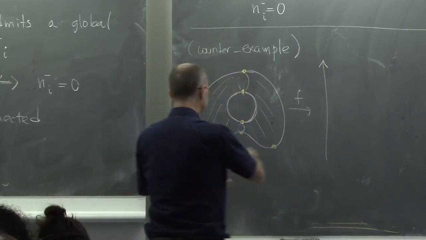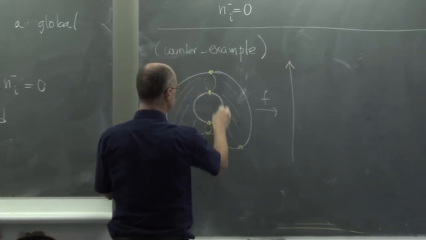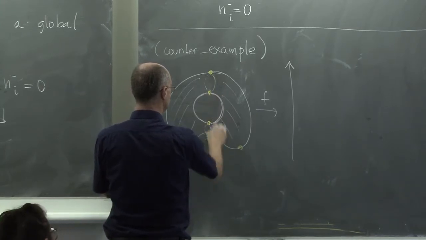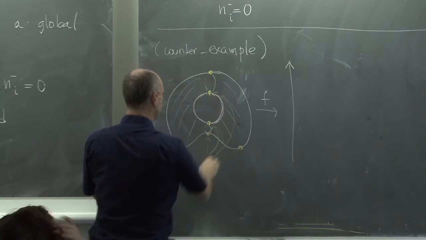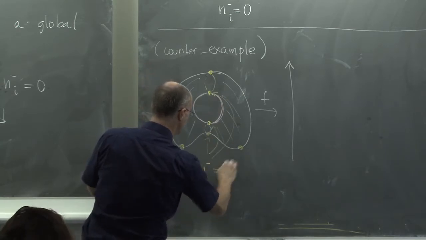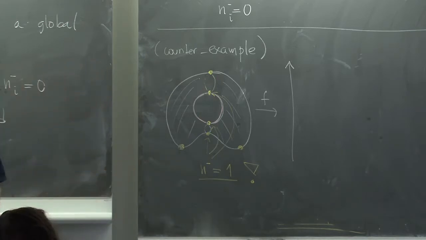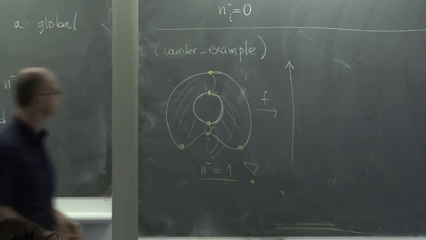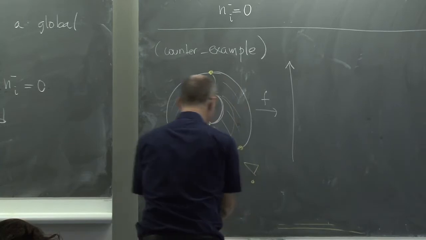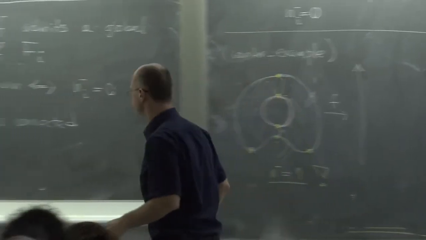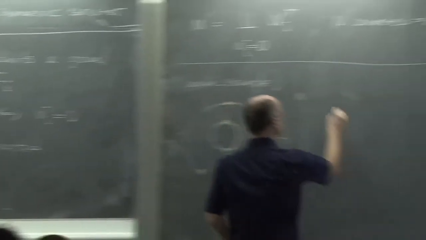Here there are many points, and all these points have n minus equal to 1.